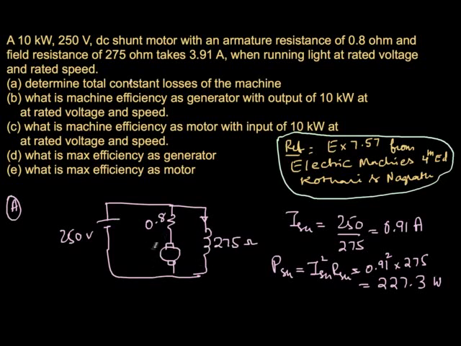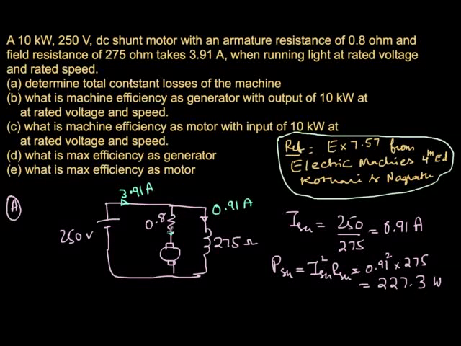Now how to find the iron and windage losses? To find the iron and windage losses, first I should know what is the copper loss in the armature. So for that, here the shunt current is 0.91 amperes. That we have just calculated. And given in the question, it takes 3.91 amperes. So 3.91 amperes is the current flowing from the main line.